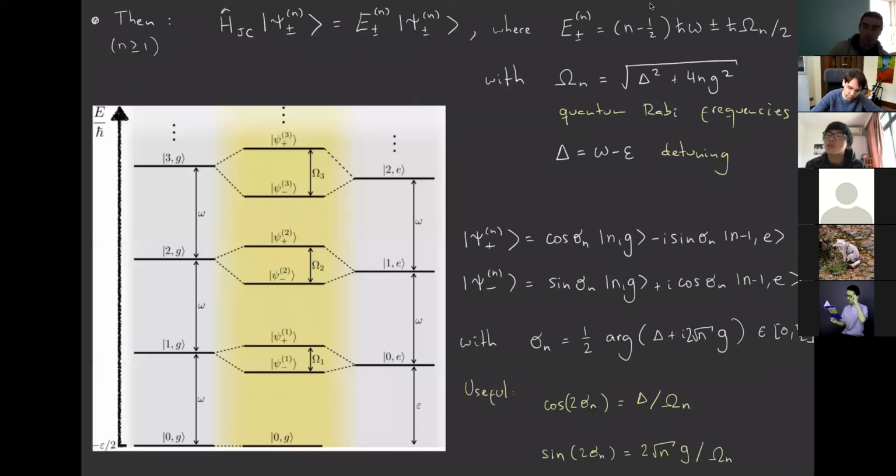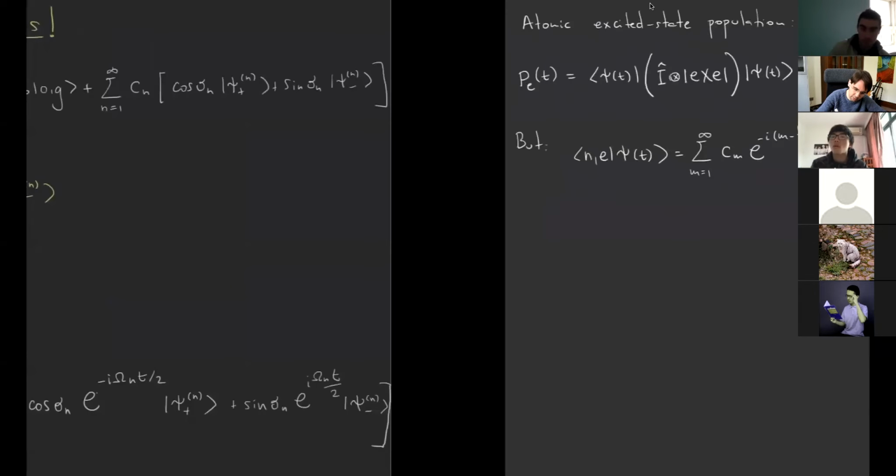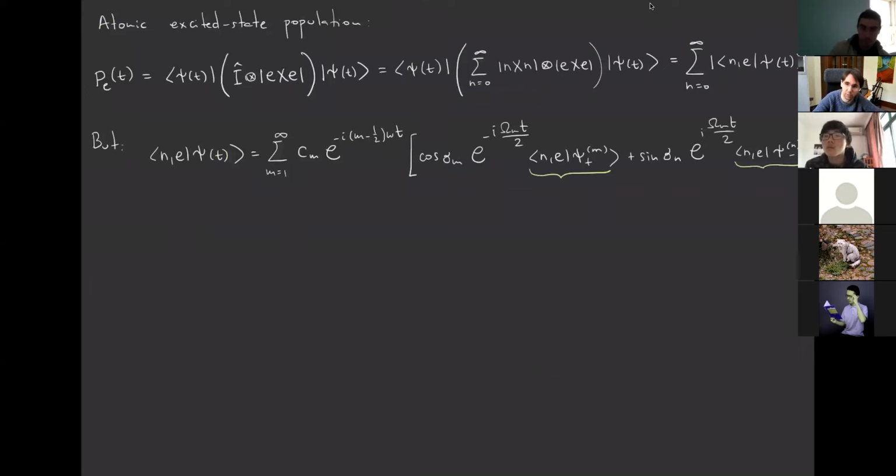Let me go to the states, maybe better. You see that when you take the state psi plus and you project with n,e, what you get is a delta function of the corresponding Fock numbers and this minus i sine factor. And for the psi minus, you will get the i cosine factor and the same kind of delta function. So in particular, this factor here is equal to minus i sine of theta_m, and then delta_{n+1,m}, and here is the same, but with the cosine.